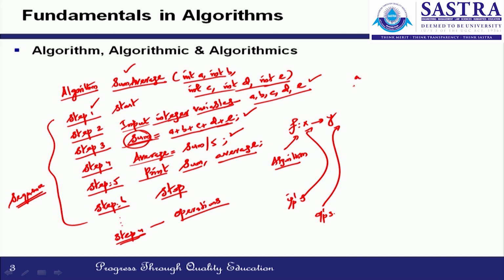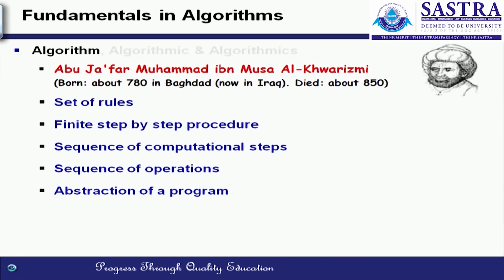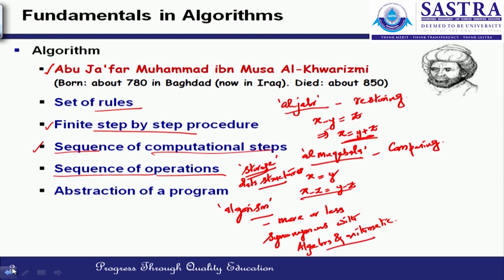So the variables a, b, c, d, e, and assuming average and sum are floating point variables, these variables are occupying the corresponding system memory. So the variables are associated with the corresponding system memory. Hence, an algorithm is said to be a sequence of operations which are going to be organized in the corresponding data structures.